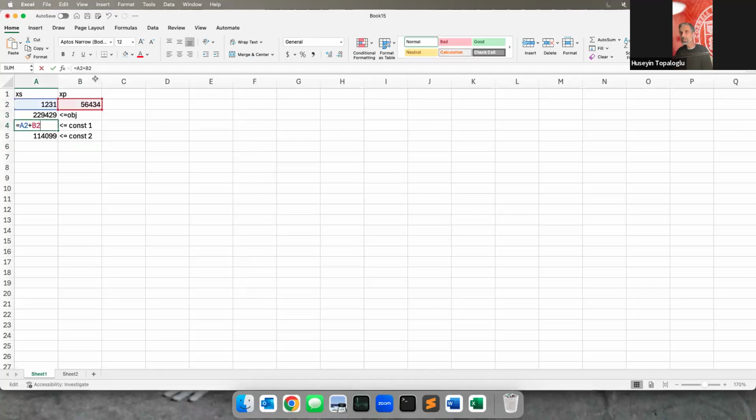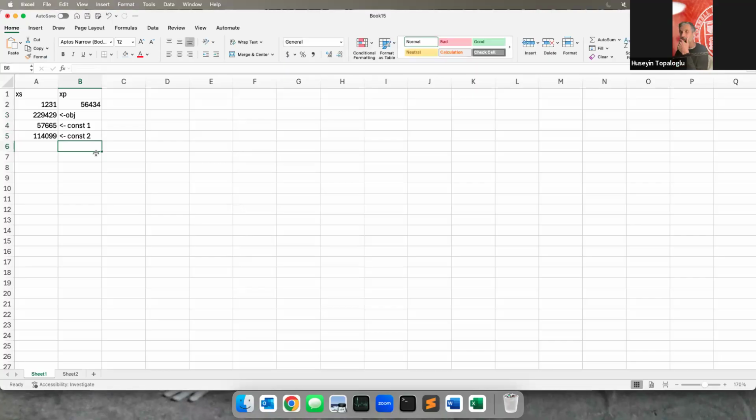And we have formulas that keep track of the left-hand sides of the first and second constraints as functions of our decision variables. My notation here, these signs, is only meant to say that this is pointing to our objective, this is pointing to the first constraint, and this is pointing to the second constraint. That's just a pointer.